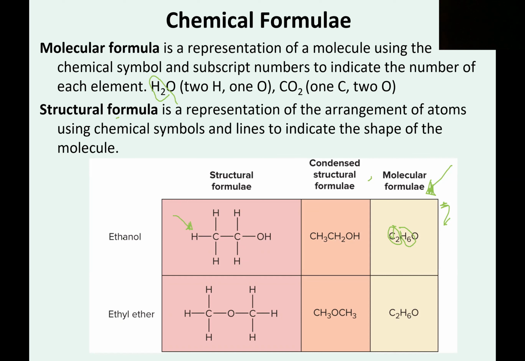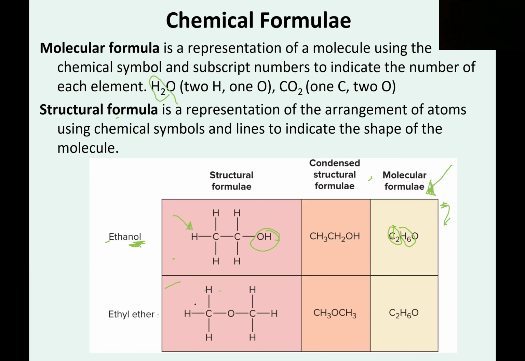So here you have 2 different structural formulae, but you only have 1 molecular formula. And this illustrates the difference between ethanol, which has OL at the end, which means it has an OH group, which is the alcohol group, and you have ethyl ether.